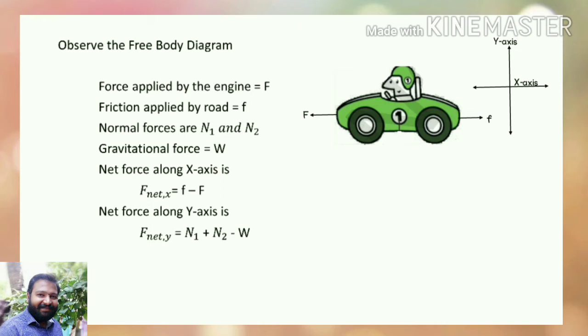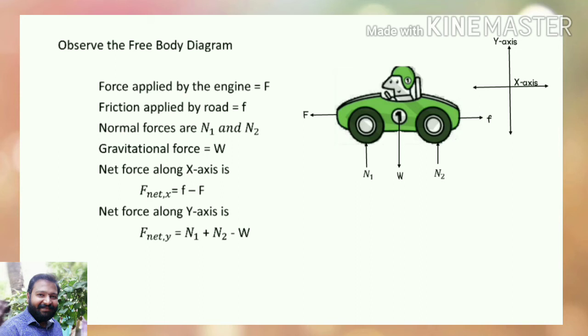Now coming to the vertical direction. Here two tires of the car are in contact with the road. So the normal force acts on the two tires in the upward direction, that is, at 2 points. Next one, gravitational force. We know that the gravitational force always acts in the downward direction.